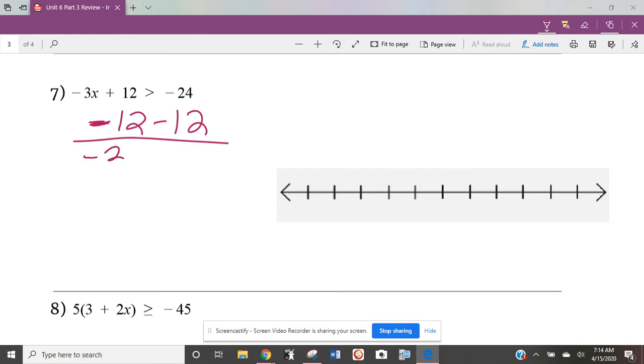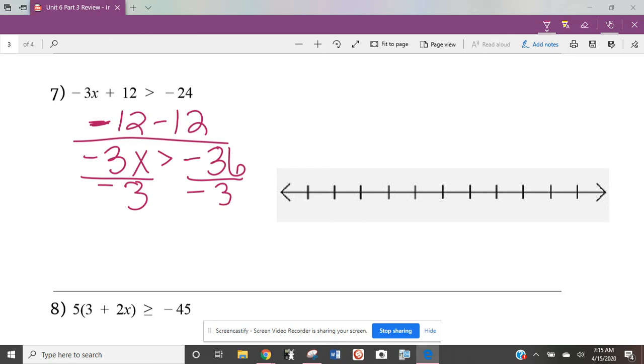So I get negative 3x is greater than, and then negative 24 minus 12 more is going to be negative 36. Okay, and my last step is going to be to divide by negative 3. So if I divide by negative 3, this is our special rule that we did a couple lessons ago.